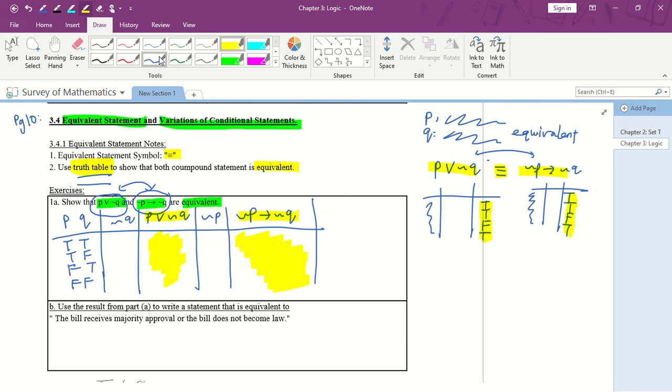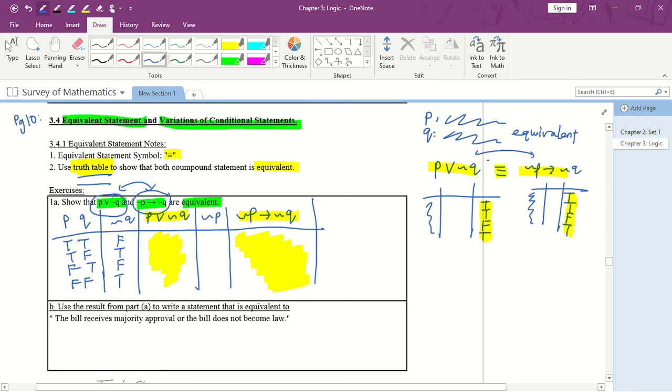Okay, so let's try. Negation Q of Q, TF, will be FT. And here says P or negation Q. Or here means that you need both statements to be false in order to get a false answer.